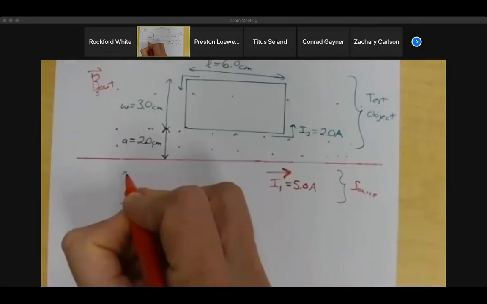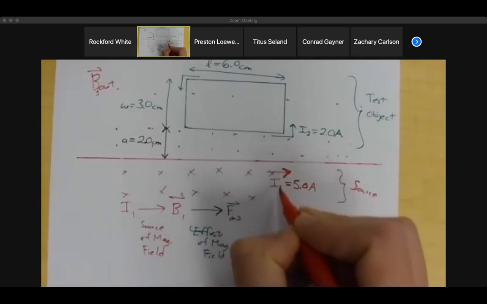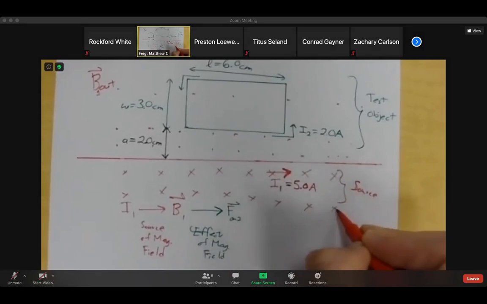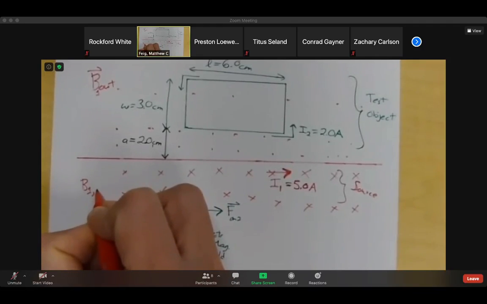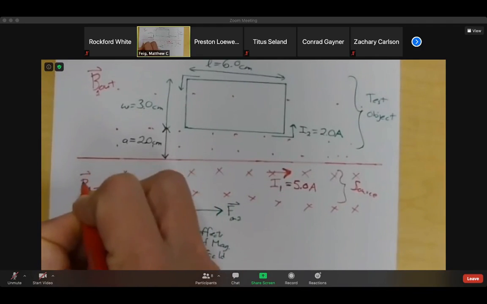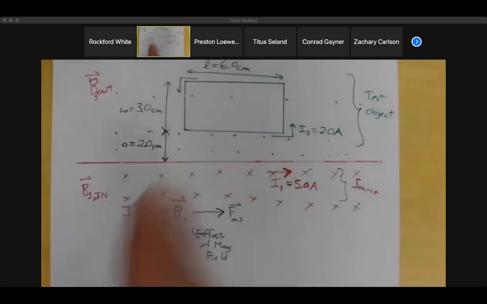Everywhere down here, not that I really care, but just for thoroughness, the magnetic field due to number 1 will point away from the viewer into the page. But we don't have any objects down there to react to that field. Okay, how strong is that?